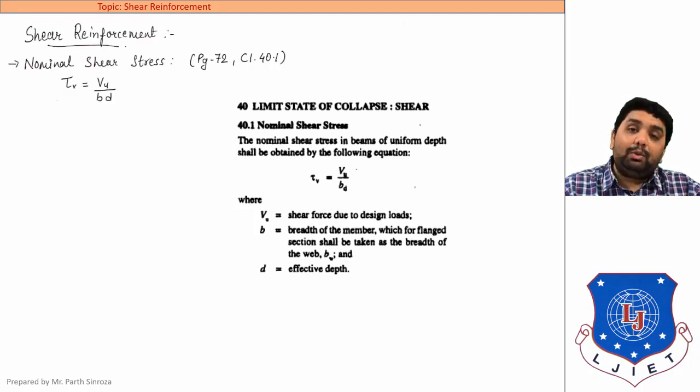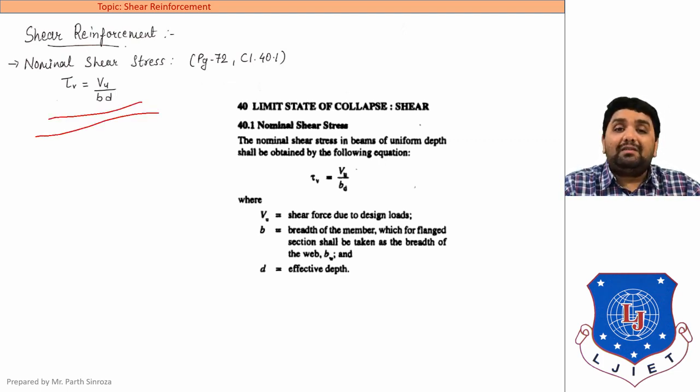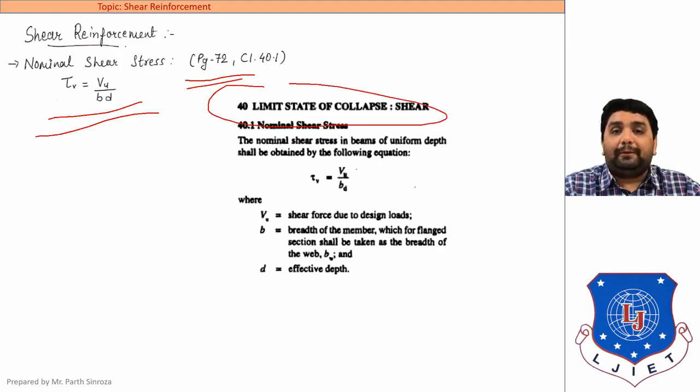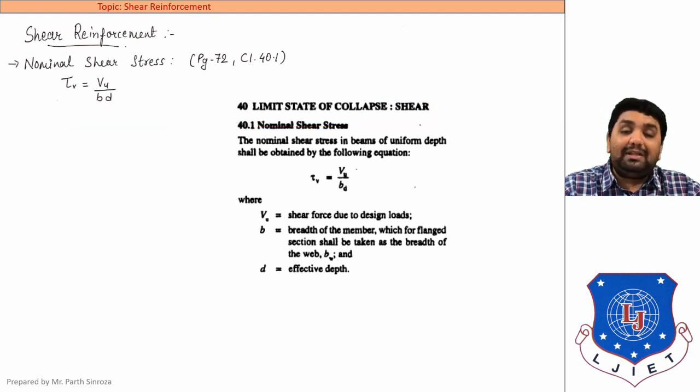So first we will be looking at the first equation that we will be using in each and every sum. It is located on page 72 of your IS code. You can see here that the clause is clause 40. Clause 40 is for limit state of collapse: shear. So everything that deals with shear forces or shear reinforcement, we will be looking upon in this clause, which is located on page number 72, clear.